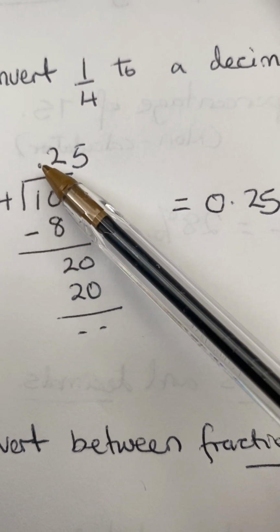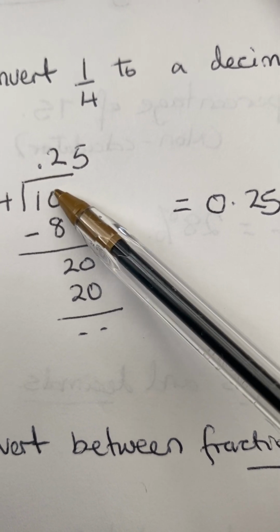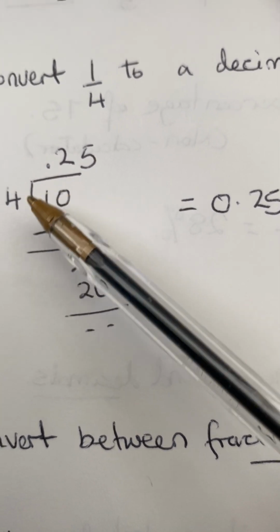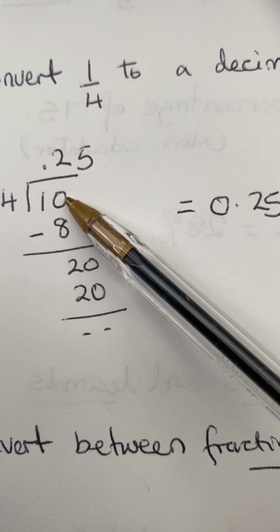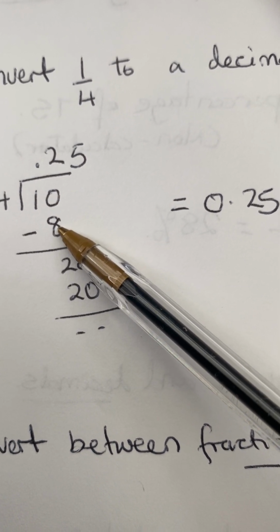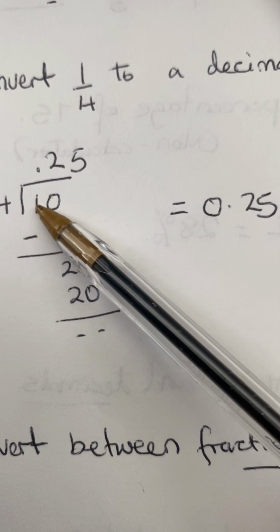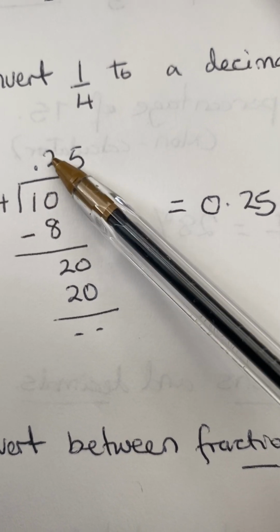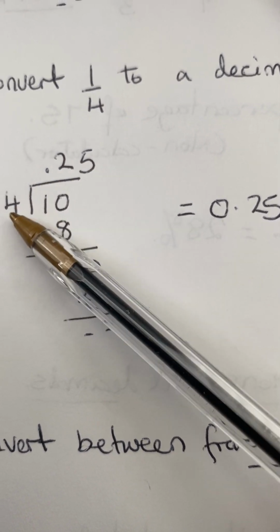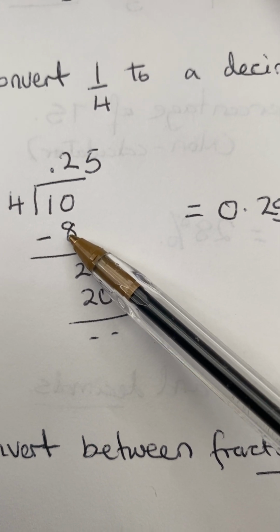Okay, so we put our decimal sign and add 0. How many 4s do we have in 10? 2. 2 times 4 is 8.